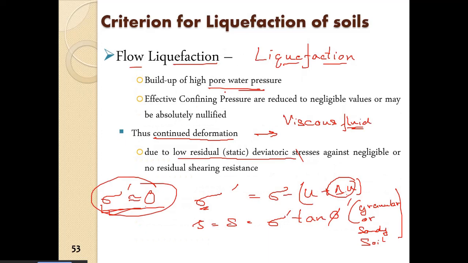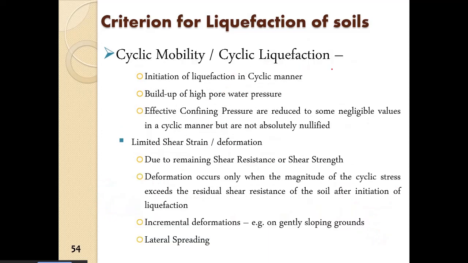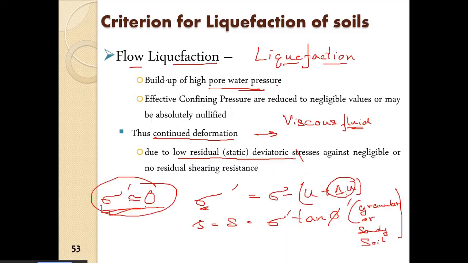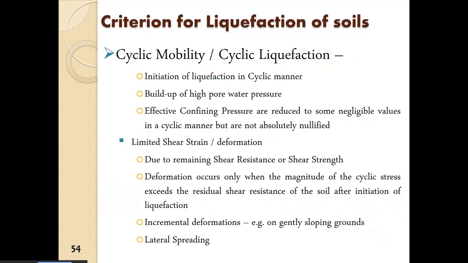Then sometimes this state is not reached. That intermediate stage we call cyclic mobility. There is a buildup of pore water pressure, and the effective confinement pressures are reduced to some negligible values, and it is in a cyclic manner.